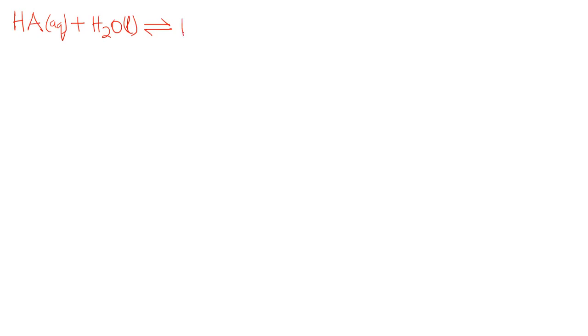So this will produce a hydronium ion, which is in aqueous solution, and it will produce a base, or we call it a conjugate base, which is also in aqueous solution.